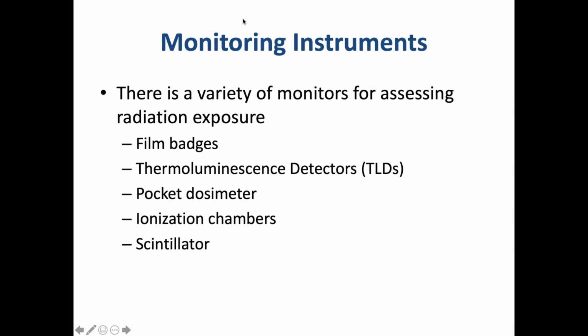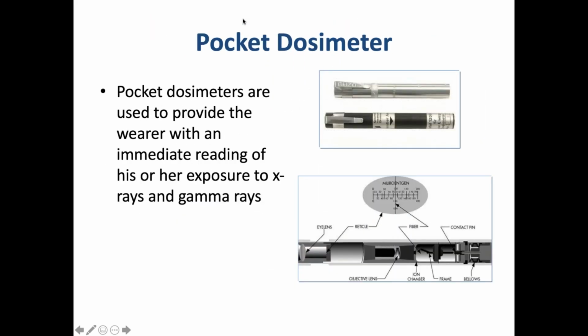Pocket dosimeters. Pocket dosimeters usually look like tubes. I don't know if I have one here. A pocket dosimeter is tube-like, and within this tube there is a fiber that's impregnated with a crystalline material. That crystal, when it's charged, expands.